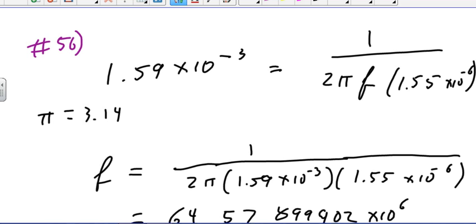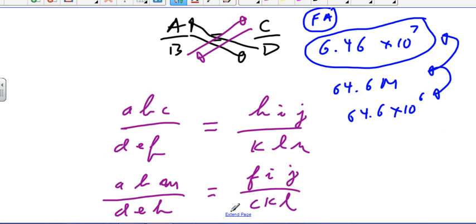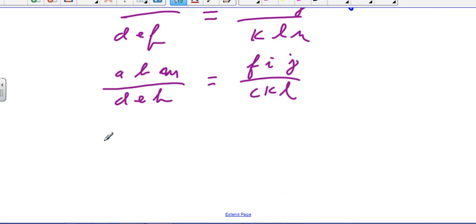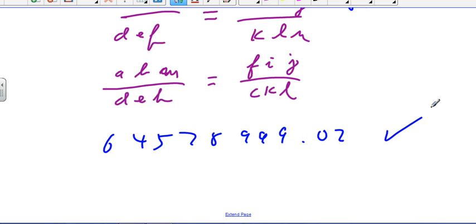Times 1.55 double E minus 6, close parentheses, enter, enter, enter. And it's going to take a little while longer. Okay, there we go. We got an answer. And the calculator says the answer is, I get back here to the bottom, 6457899.02, which is the same as what we had before.